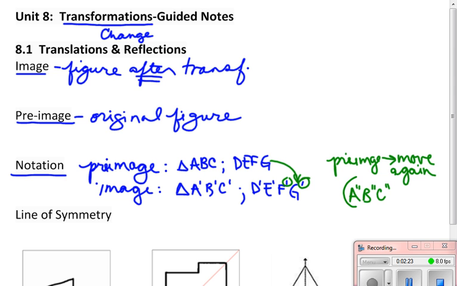So this A double prime came from A through A prime to A double prime. So it's a way of tracking and knowing how many transformations you've done and what points correspond to what other points.